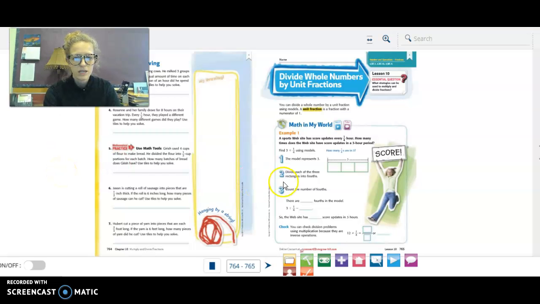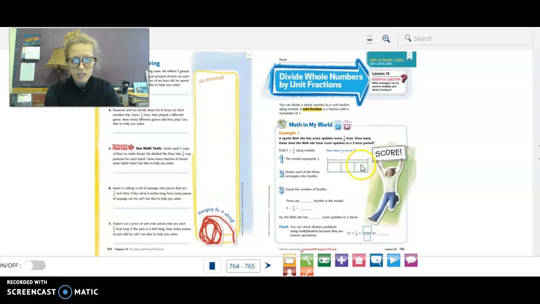All right, so I'm going to look at 765. Math in My World. A sports website has score updates every 1/4 of an hour. How many times does the website have score updates in a 3-hour period? Okay, so this model represents the 3 wholes. This was a little confusing to me at first.